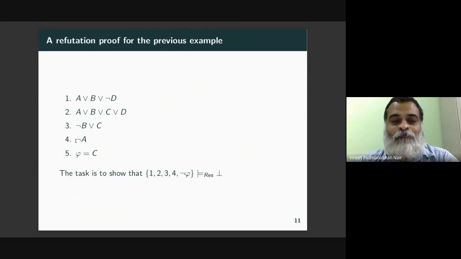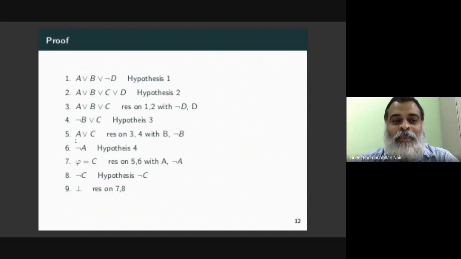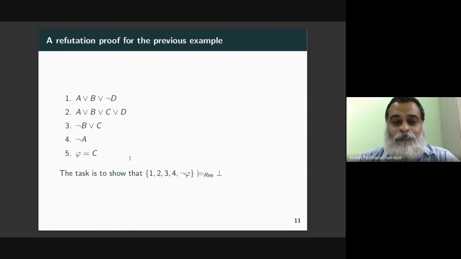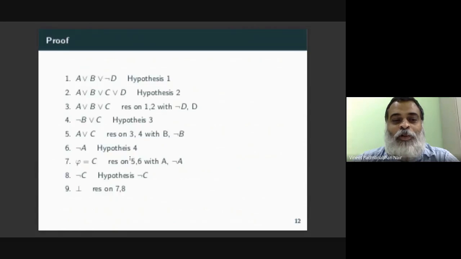This is the idea. Again, pretty much the same. Hypotheses are the premises which are given to you, A or B or not D, A or B or C or D. From that, resolving on 1 and 2, you get this. The only difference comes here. What will be the only difference in this question?